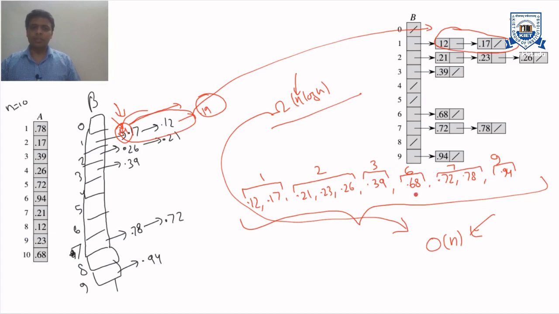This is the expected complexity under the assumption that all the data is equally distributed and lies within a range. Only then is bucket sort going to perform well. So that is all about bucket sort.